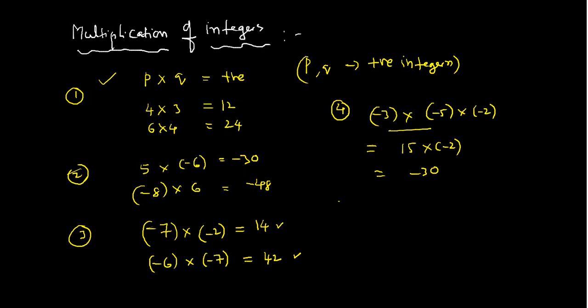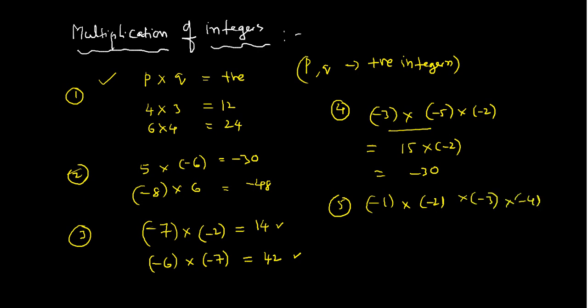Another important point is the product of four negative integers. If you take four negative integers, the product is not negative, it is positive. For example, take minus 1 into minus 2 into minus 3 into minus 4.